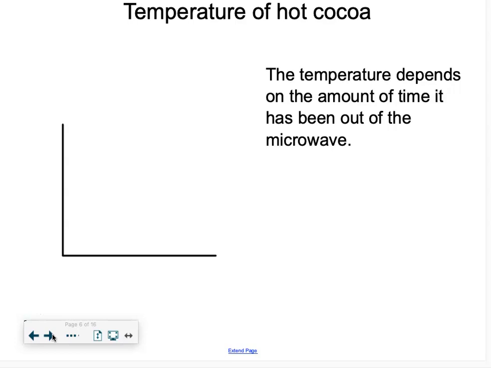I have to label it. Dare to be different, I like it. It's not going off, it's decreasing.